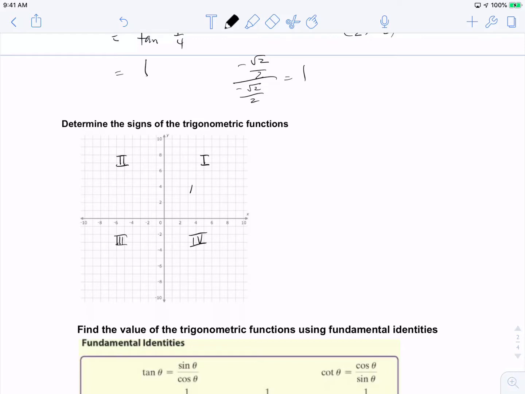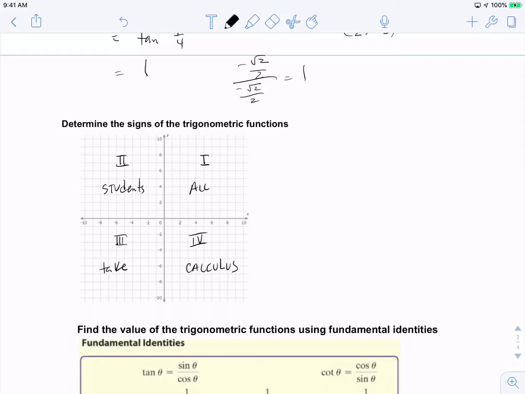My teacher told me all students take calculus. And at the time, I thought there was no way that I'd ever be doing that, but I guess she turned out to be right about that. So in quadrant 1, all trigonometric functions are positive.